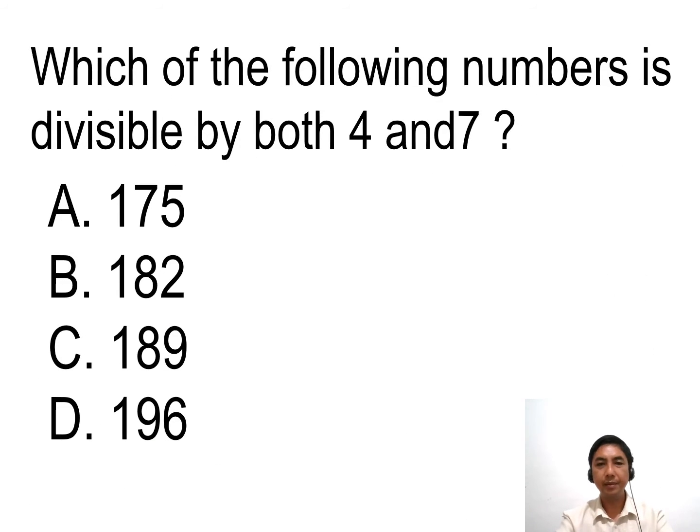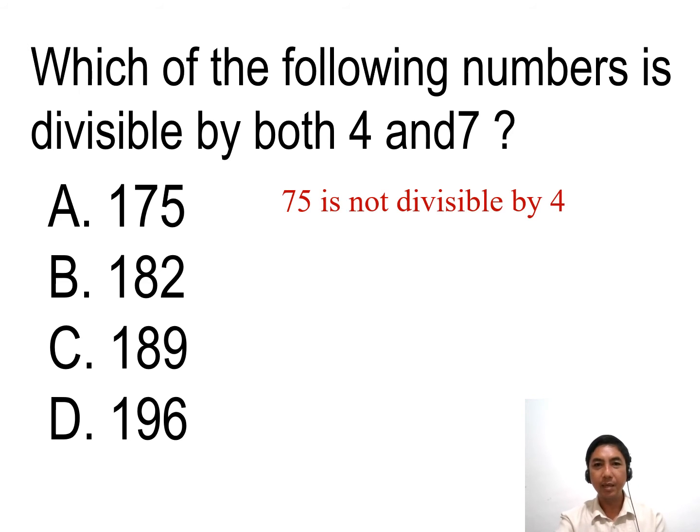Next number, which of the following numbers is divisible both by 4 and 7? So una, please recall that a number is divisible by 4 if the last two digits is divisible by 4.